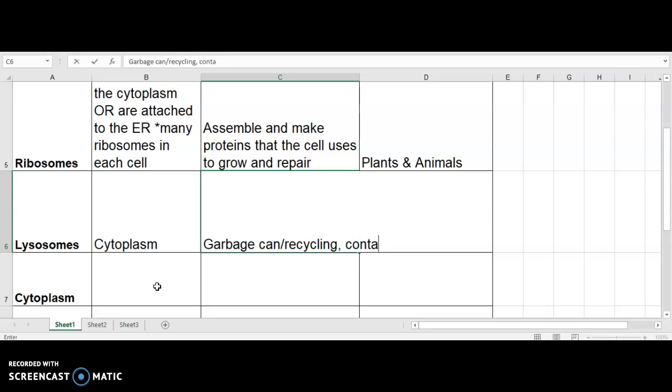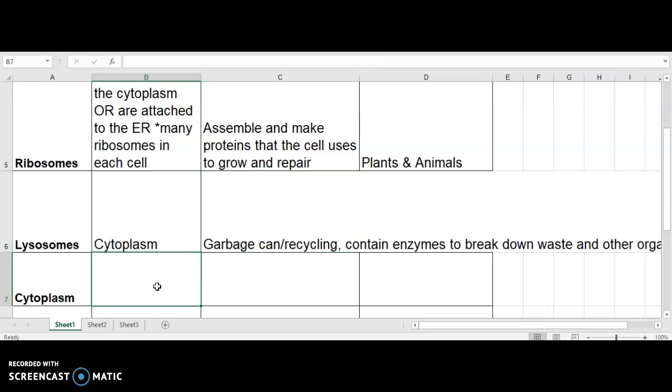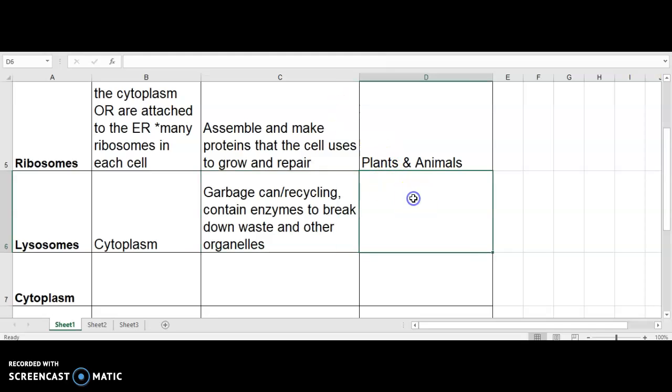They contain enzymes to break down waste and other organelles. So when some organelles become old and worn out and need replaced, the lysosomes come up and make sure that they get put out properly. They break them down. Lysosomes are found in both plants and animals.